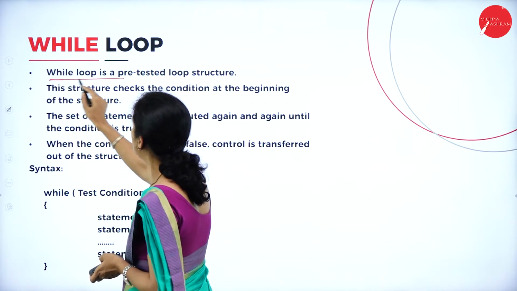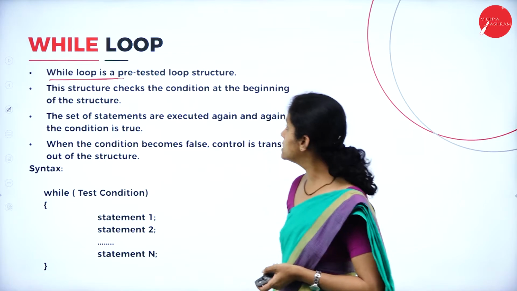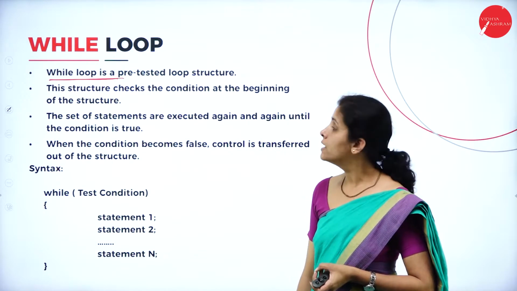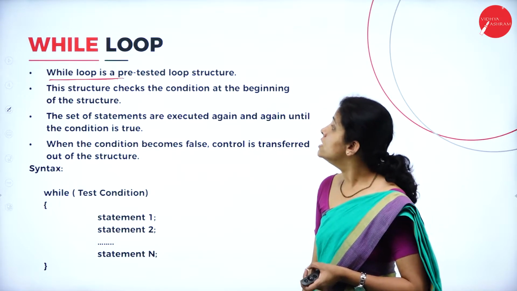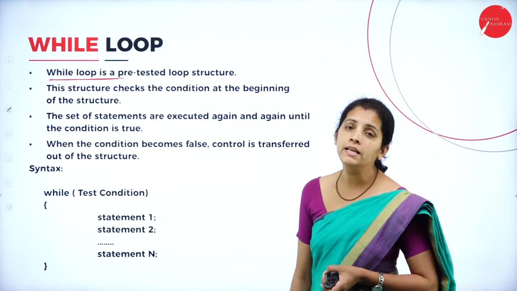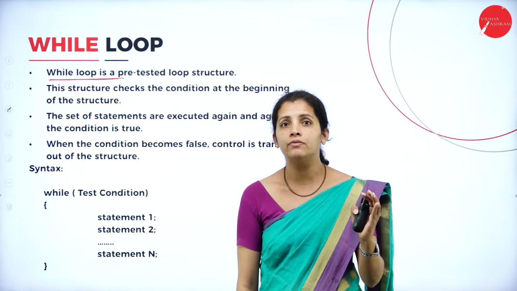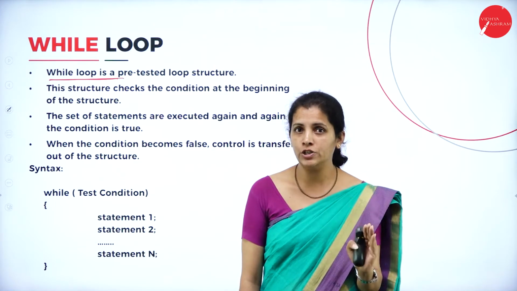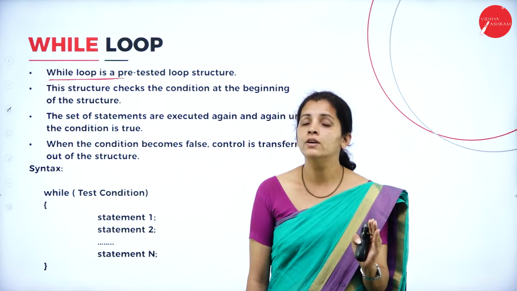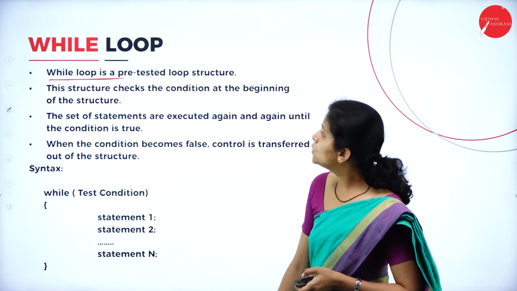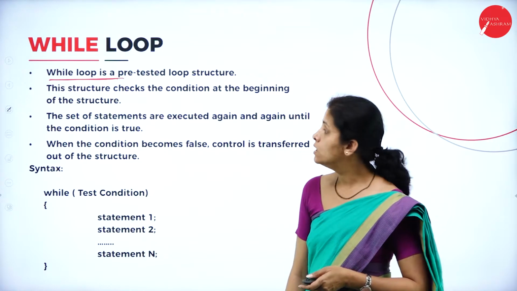So, while loop is a pre-tested loop structure, and this structure checks the condition at the beginning of the structure. At the beginning itself, I'm going to check the condition, and that kind of looping construct is known as a while loop.